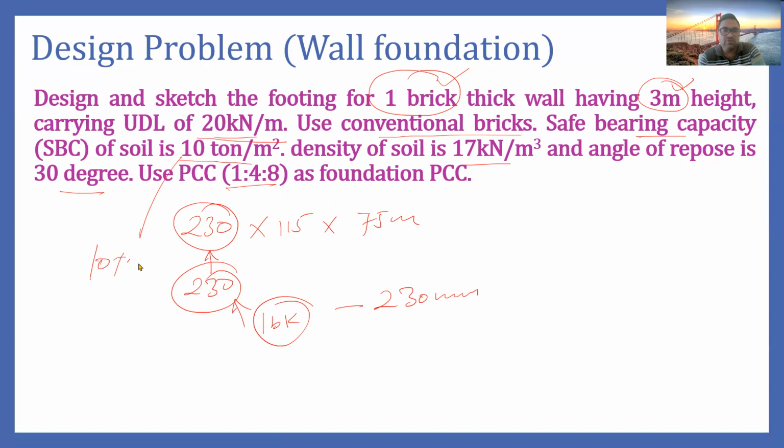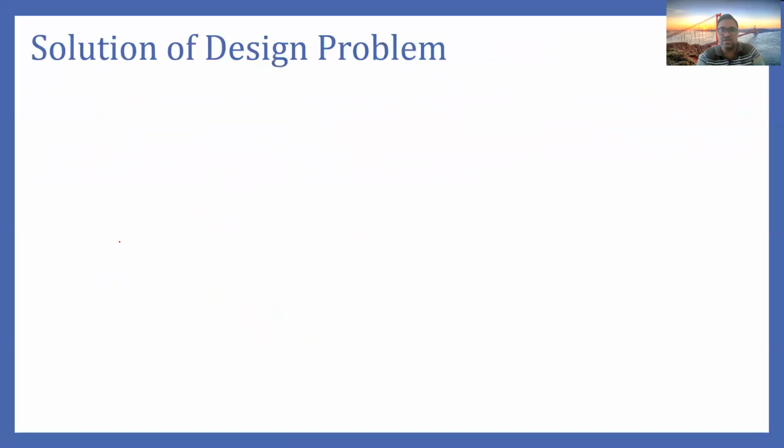Again, we have to convert this into kilonewton per meter square. So this will become 100 kilonewton per meter square. The conversion I have shown you in the previous part will be followed here also. Similarly, the density of the soil is 17 kilonewton per meter cube, and angle of repose is 30 degrees. So all the values are here.